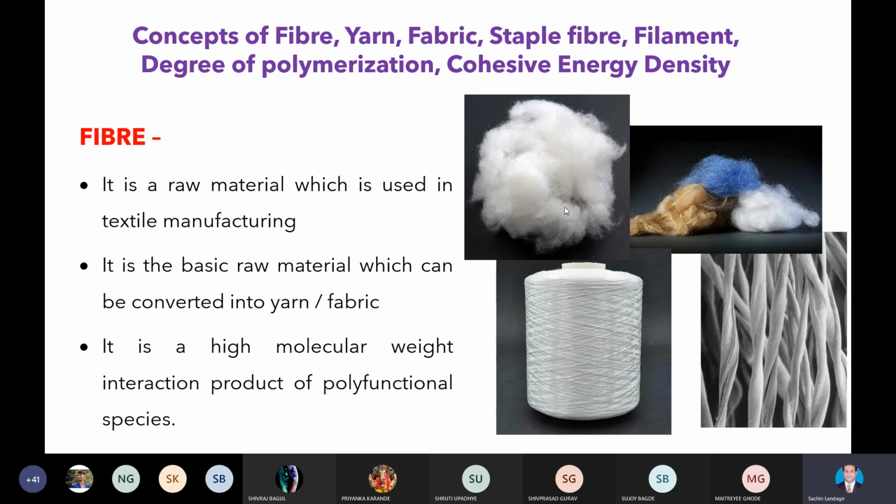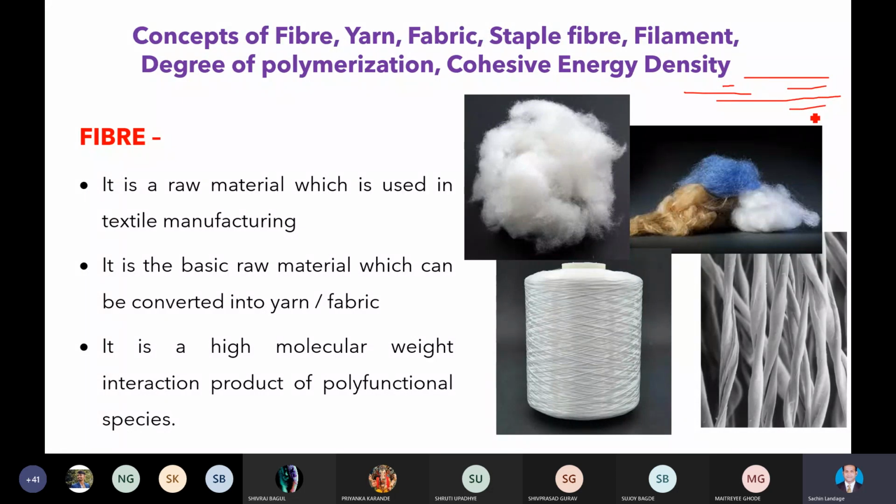Short fibers have a definite length. For example, when you take the short staple fiber, you see this much length, or this much, or this much. So there is a variation.